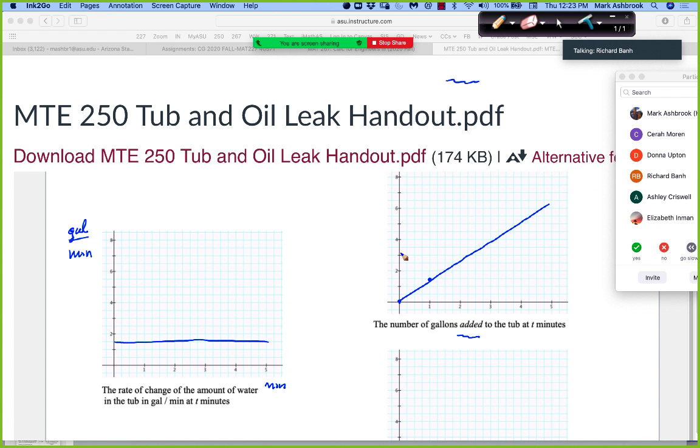Agree. But I thought there was, wasn't there 3 gallons to start with or something? There was 2 gallons to start with, but this is asking how much is added every minute. So we didn't technically add any gallons at 0 minutes. So this quantity does not start at 2, it starts at 0. Did all 3 groups get that?